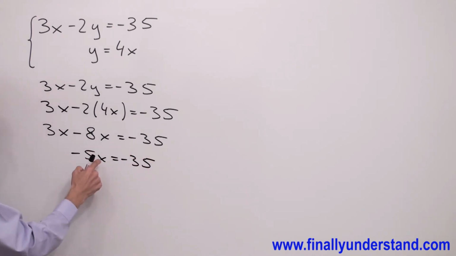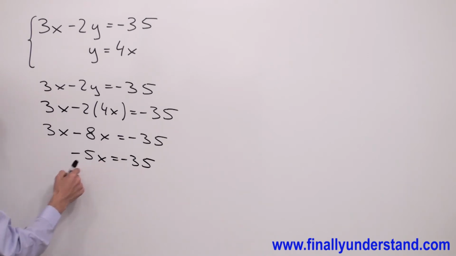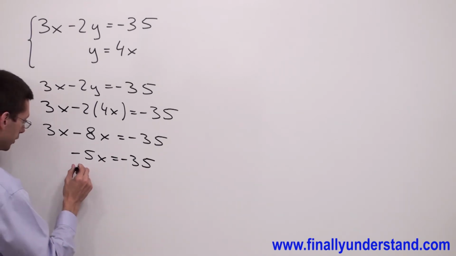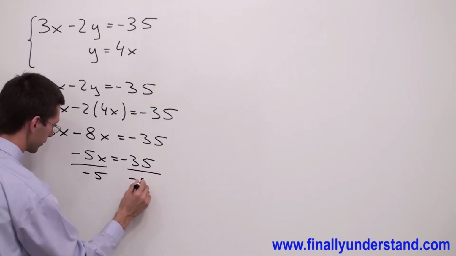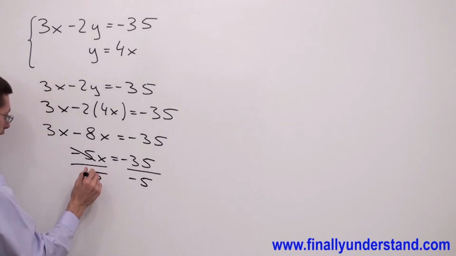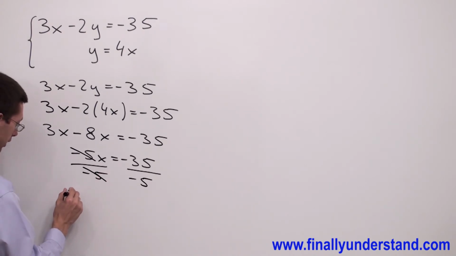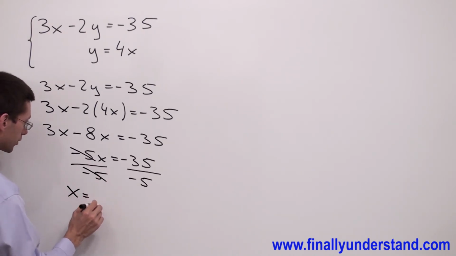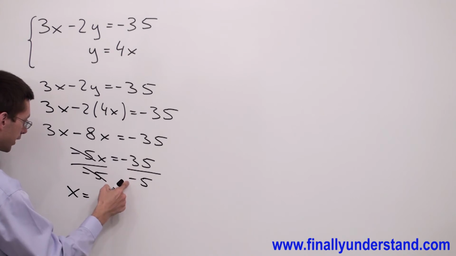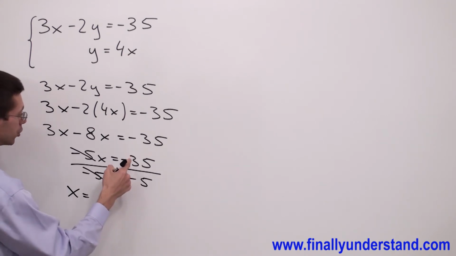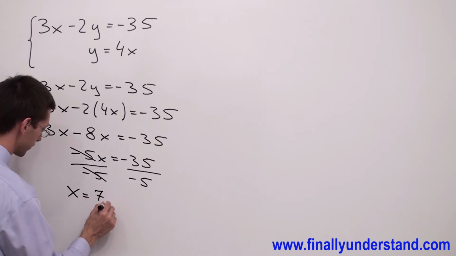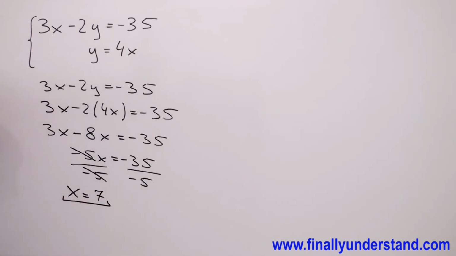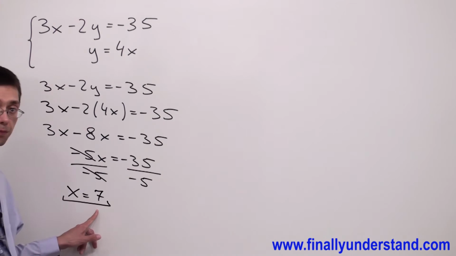In order to find the value of x, I have to divide both sides of the equation by negative 5. Negative 5 and negative 5 will cancel out, and I have x equals negative divided by negative gives me positive. 35 divided by 5 is equal to 7. This is the value of x.